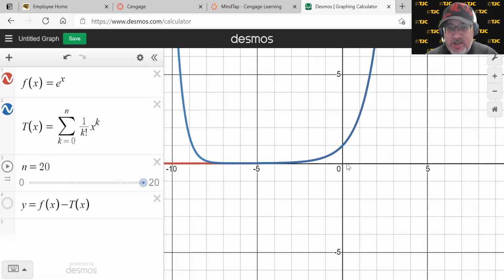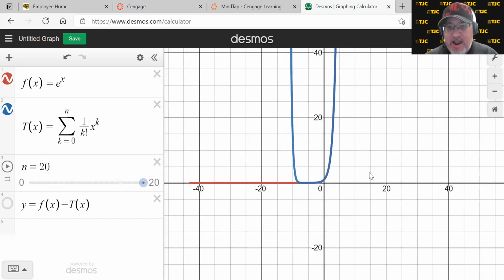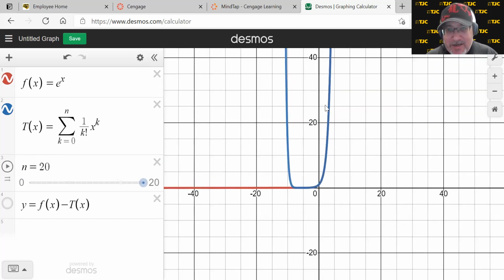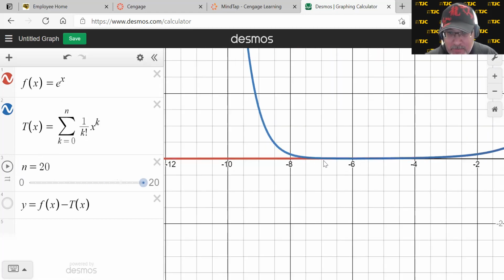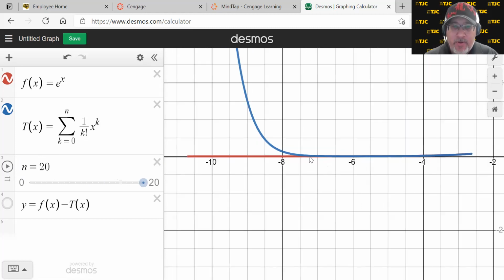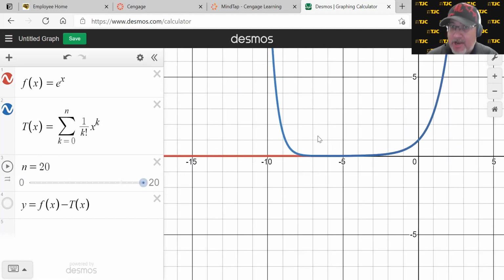If we zoom out, you'll see that the blue graph is very tight over here on the right, but there's a point, it looks like a little bit past -7, where the blue graph does what polynomials do on the end and goes to infinity or negative infinity, and it doesn't flatten out.